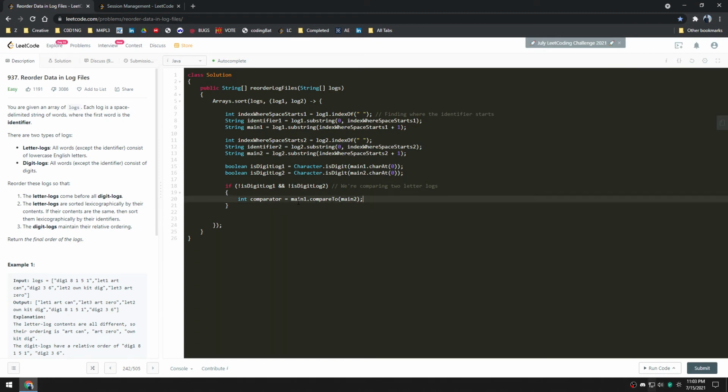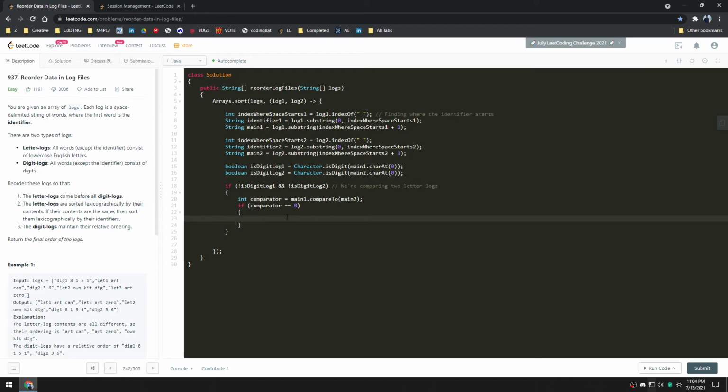So we're comparing the main log 1 and the main log 2, and we're getting that value. Now if the comparator is 0, that means there is no difference between the 2 main logs. If the contents are the same, this is where we're at. Then sort them lexicographically by their identifiers.